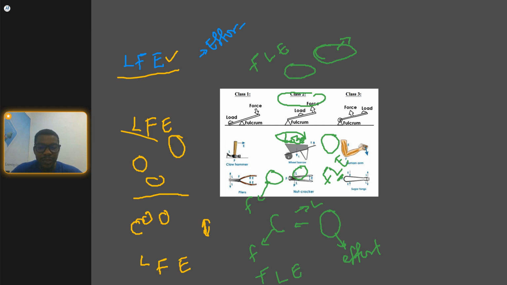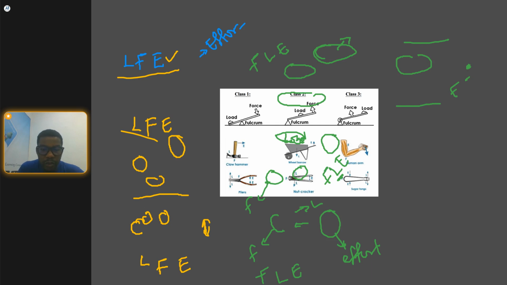Let's proceed to the third class. The third class is where the fulcrum comes first, followed by the force, then we have the load.